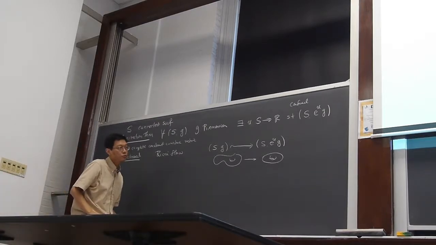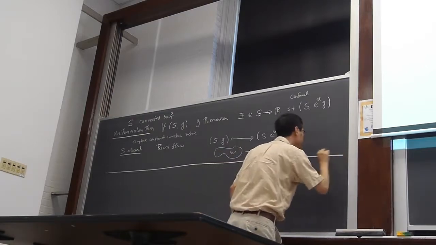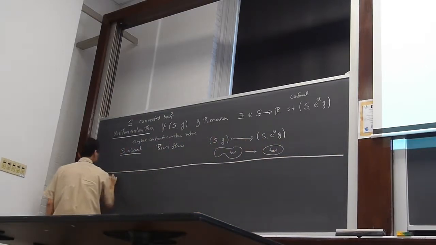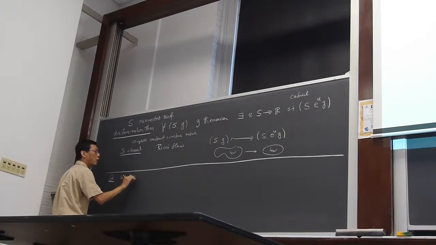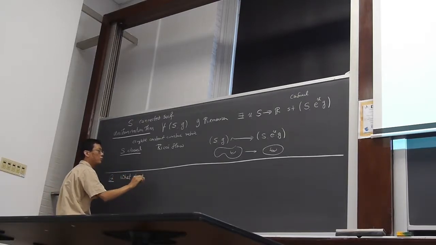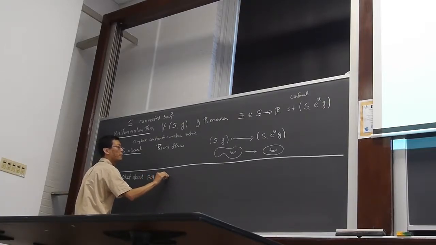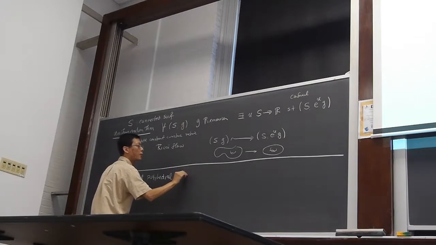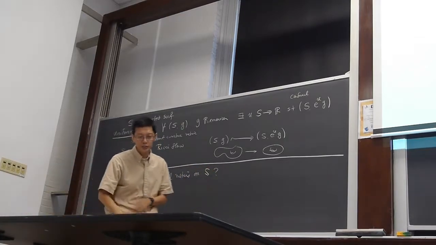So the question for us is, what about a version of it in a discrete setting? So the question is, what about polyhedral metrics, surfaces?